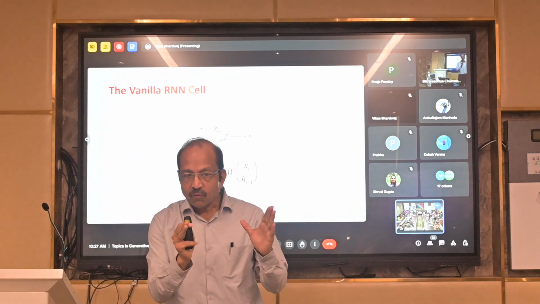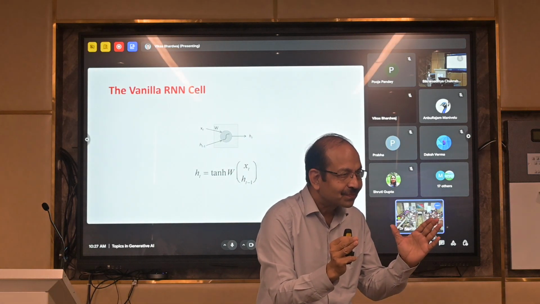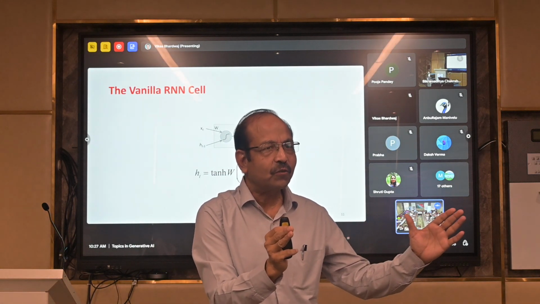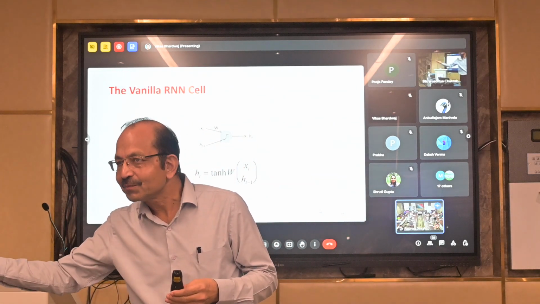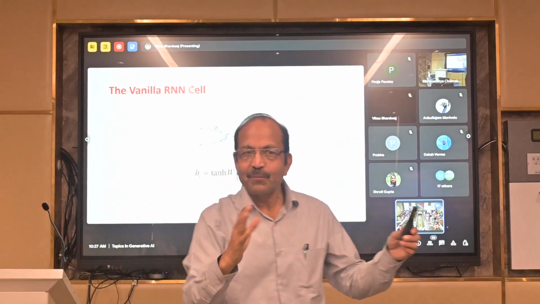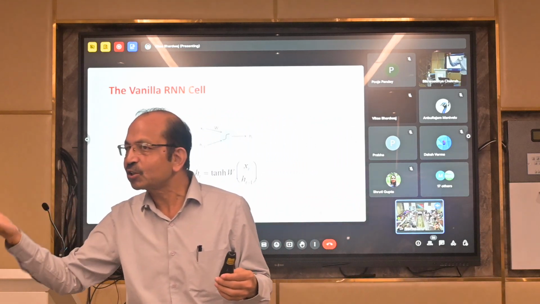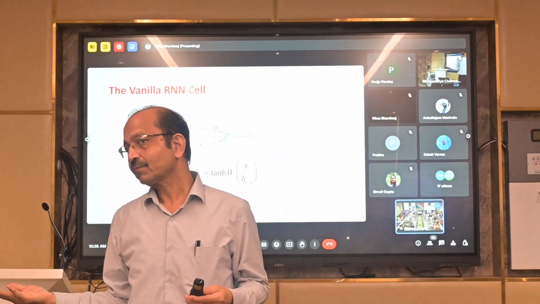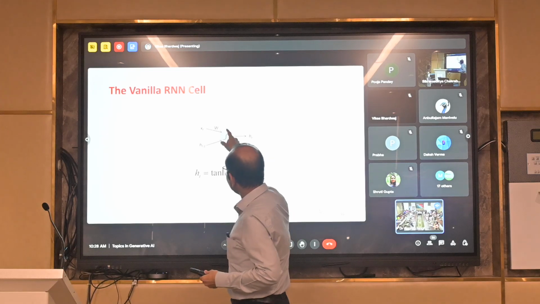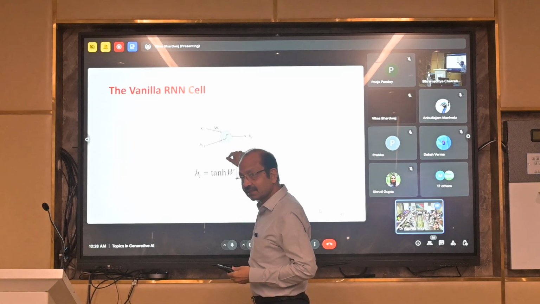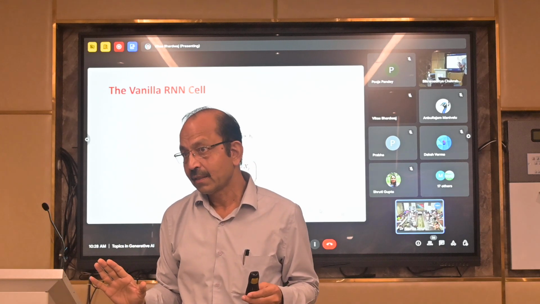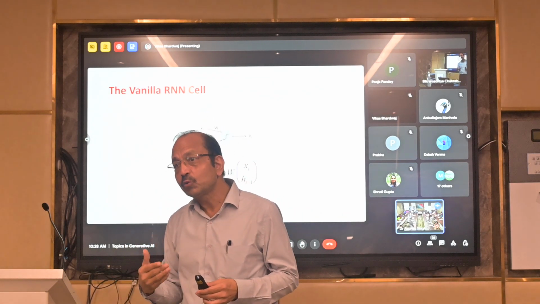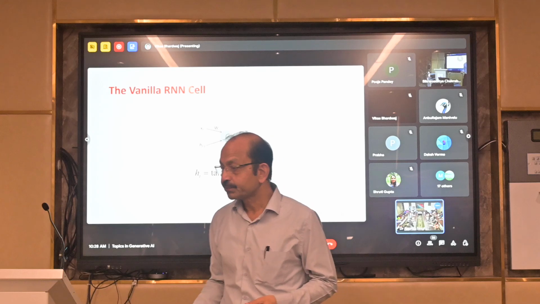Depending upon the length of the input, if the length of the input is 5, then this has to be unfolded how many times? 5 times. If the length of the input is 20, how many times does this have to be unfolded? But this W, which is describing this module, is not known to us, and we are going to learn it from the data.